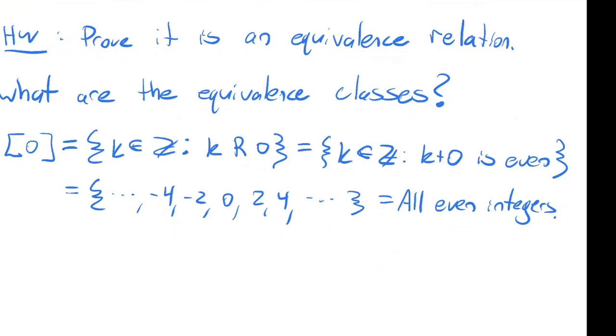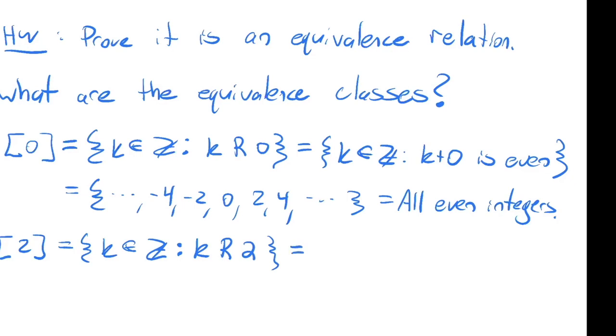And because this relation is reflexive and transitive and symmetric, we could think about what the equivalence class of 2 would look like.